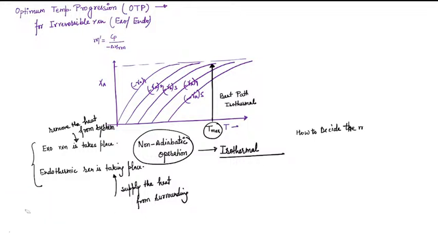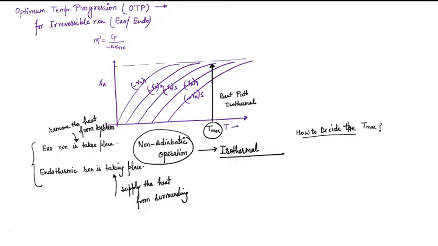Does anyone have information on how you will decide the Tmax? Sir, for any irreversible reaction, if it is taking place at 500 Kelvin, I will say increase the temperature to 600 Kelvin.